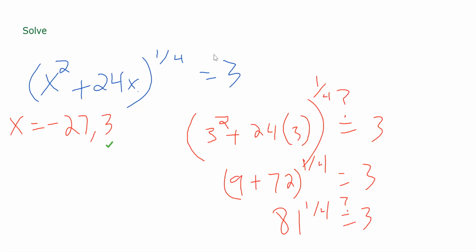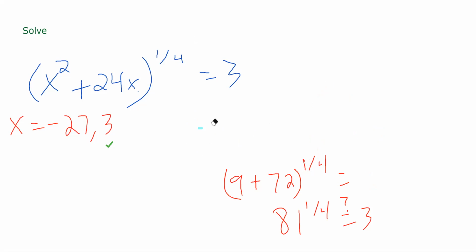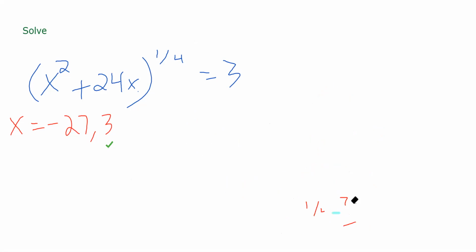The 3 works, however, and this isn't always true, you don't always just automatically throw out the negative possibility. Sometimes it is the right answer. When you try negative 27, basically the problem is that it's going to be awfully hard to make this positive inside here.